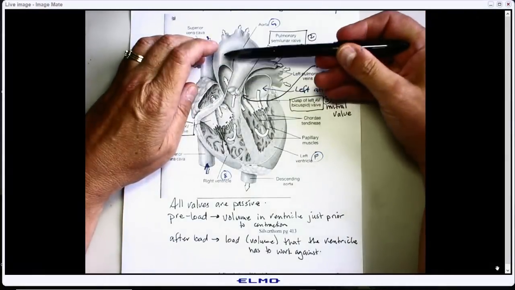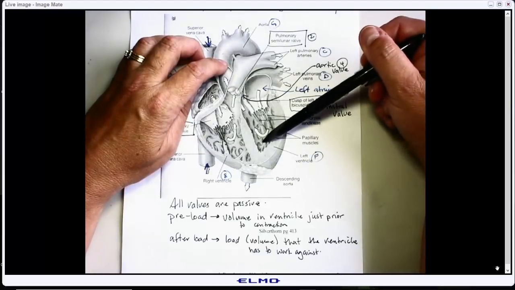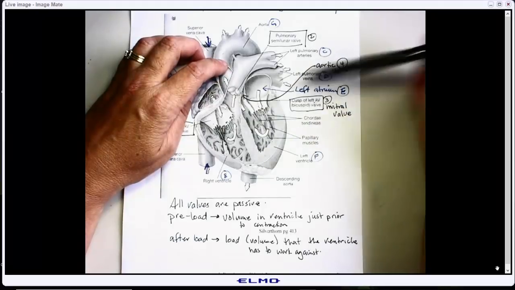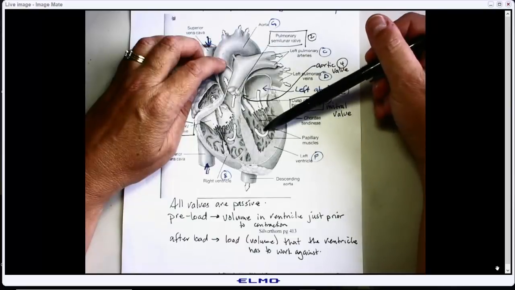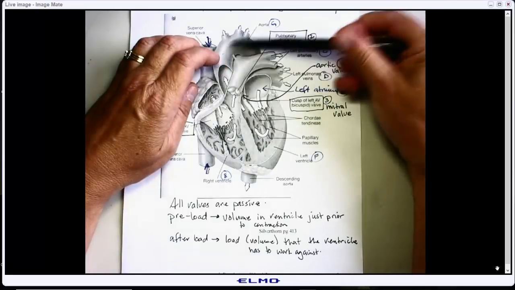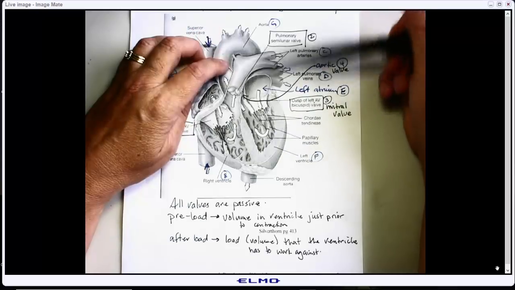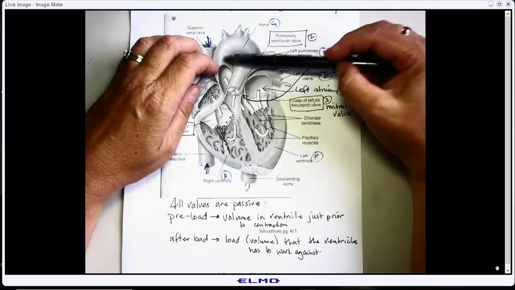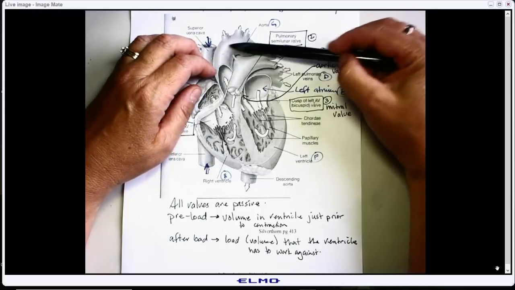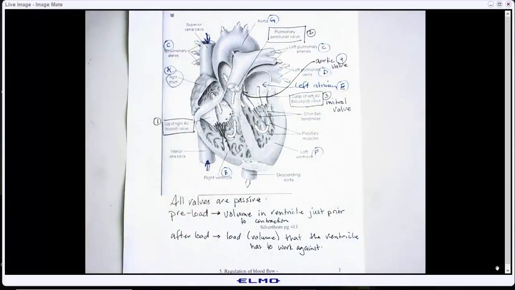Okay, so if the pressure in the aorta is 80 millimeters of mercury, because of the volume sitting in there, when this ventricle contracts, it has to contract more than 80 millimeters of mercury pressure in order to open that aortic valve and eject volume. It's got to create at least 81 millimeters of mercury. As soon as it creates 81 millimeters of mercury pressure, it opens the aortic valve and we eject volume. So afterload is that volume and that pressure in the aorta that the ventricle has to work against.